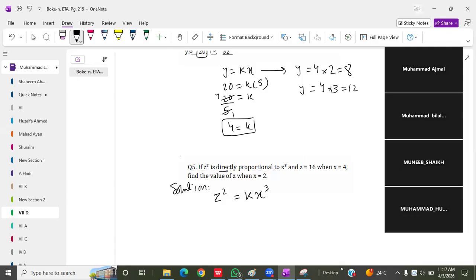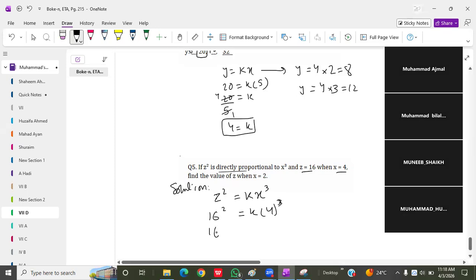Good, because this is directly proportional, so it will be k times x cube. Now what we will do, we will put the values of z and x which are given, 16 and 4. So we write 16 square equals k times 4 cube.